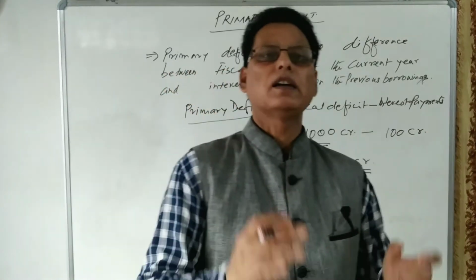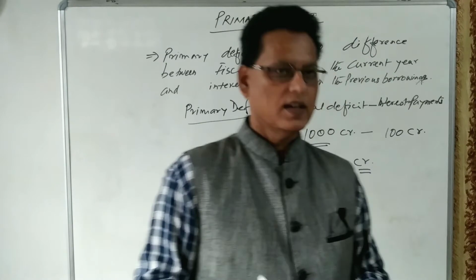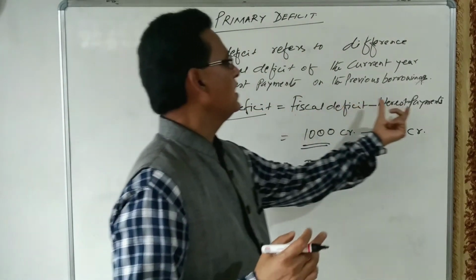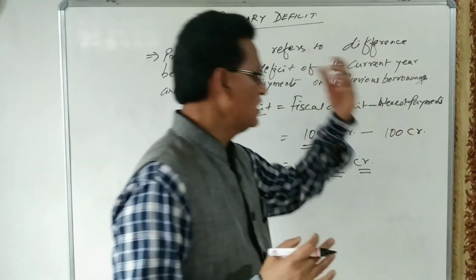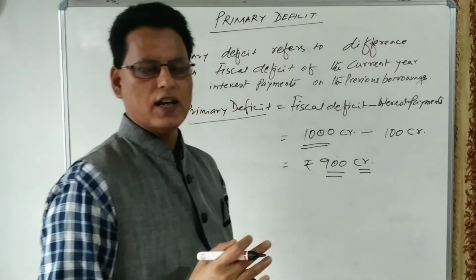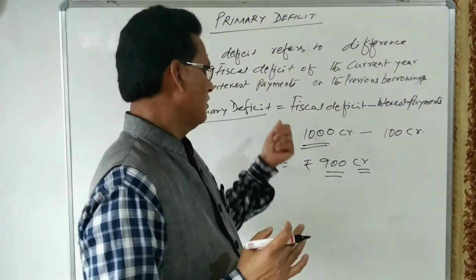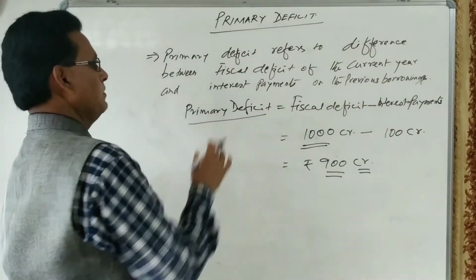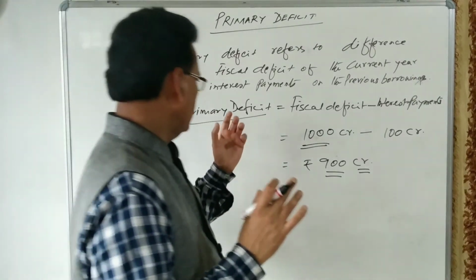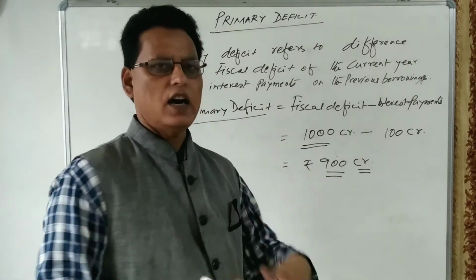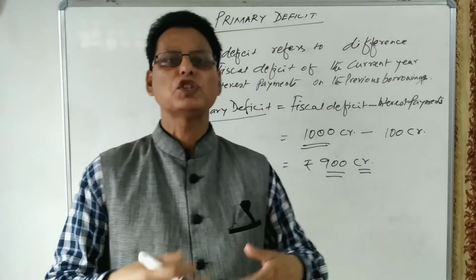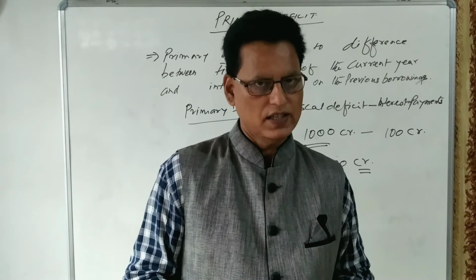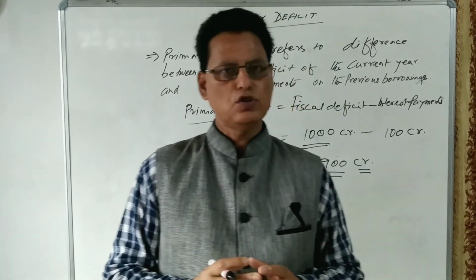It means fiscal deficit is equal to borrowings, and primary deficit is equal to fiscal deficit minus interest payment. When we deduct the interest payments made for the previous loans from the fiscal deficit, we get the primary deficit. This shows how much of the government expenditure goes for developmental purposes. I think the concept is clear to all of you.